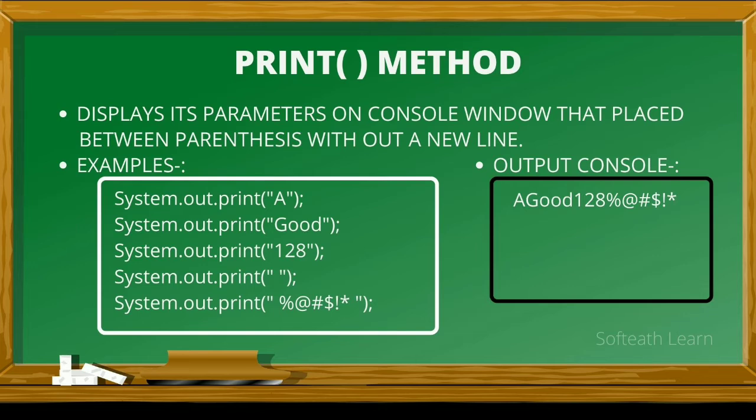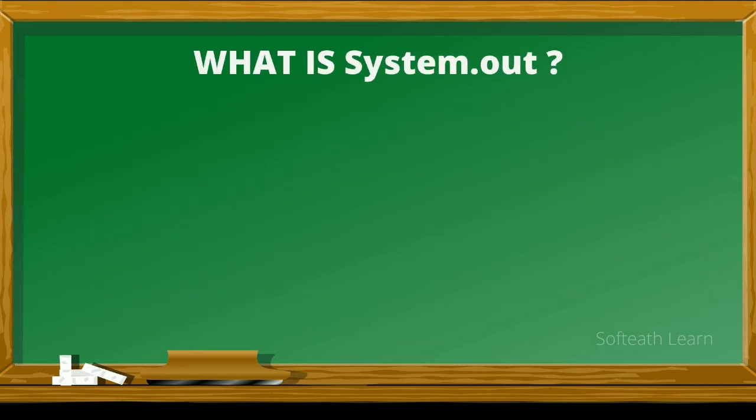Now whenever we use the print or println method, we write system.out.print or println. So let's see what system.out is. First of all, out is an object of the PrintStream class. So in Java, we have a class which is PrintStream, and Java developers created an object from that class which is called out.